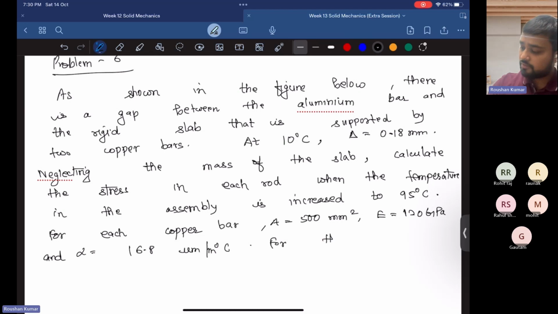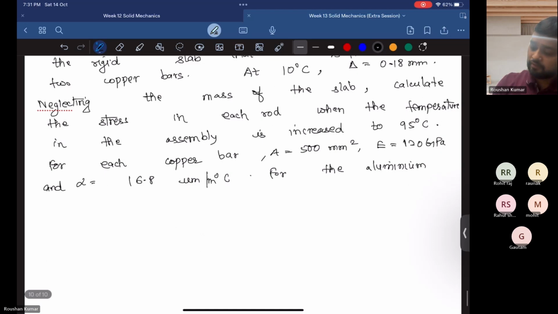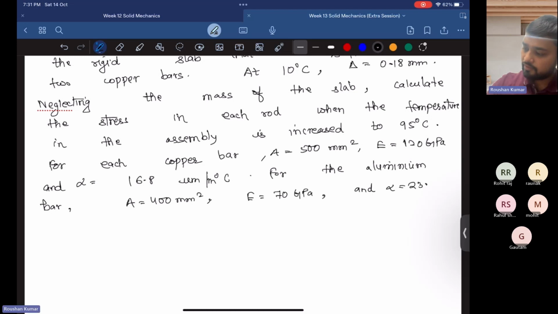For the aluminium bar, area is given as 400 mm square, Young's modulus is given as 70 gigapascal, and alpha is given as 23.1 micrometer per meter degree Celsius.